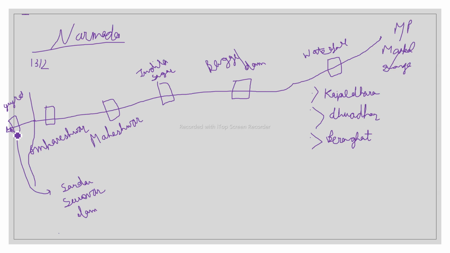Okay, now let us study about Tapi or Tapti. So when I'm talking about Tapti, it is called a twin river of Narmada, because it is flowing parallel to Narmada, but it is smaller in length as compared to Narmada.